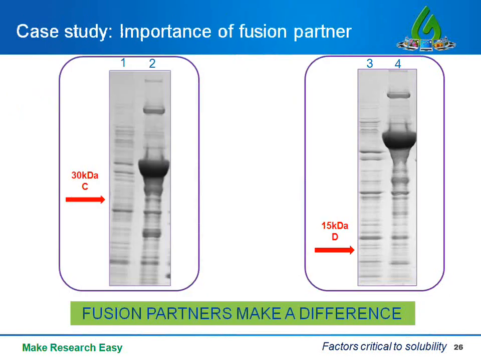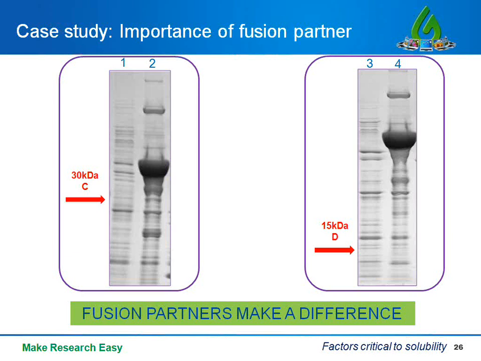So this slide here illustrates the value of a fusion partner in producing soluble protein. These are Coomassie stain gels. On the left side image, you see target protein C, which has a molecular weight of 30 kilodaltons. It's barely seen in the soluble fraction without a fusion partner, as seen in lane 1, whereas using a 15 kilodalton fusion partner makes it robustly soluble, as you can see on lane 2.